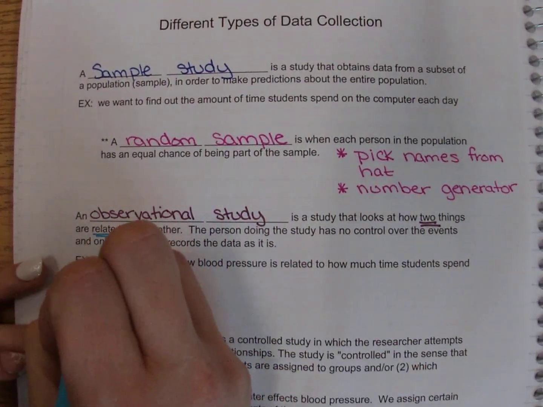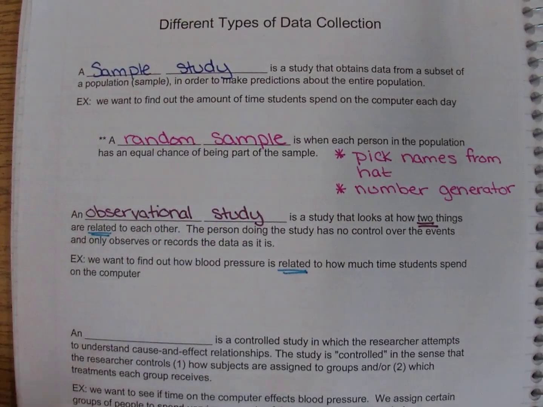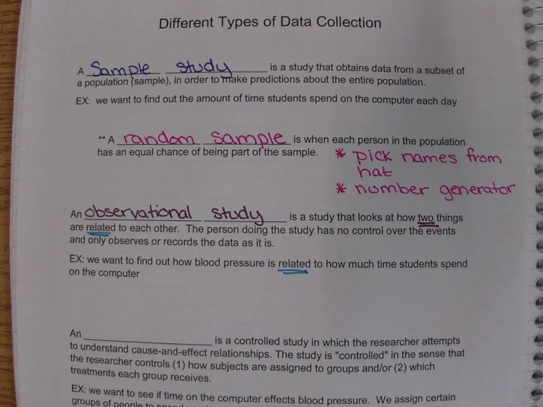So we have this relationship piece that we are looking at. We might do an observational study where we ask people how much time they spend on the computer and then take their blood pressure. We're not doing anything to affect their blood pressure or how much time they spend on the computer. We're just simply recording the data as it is.